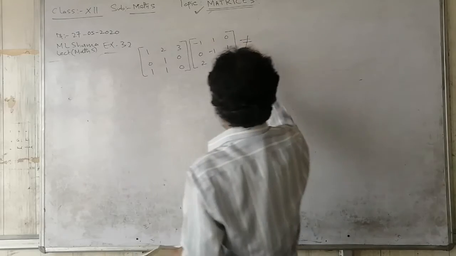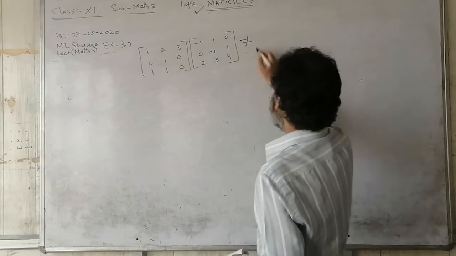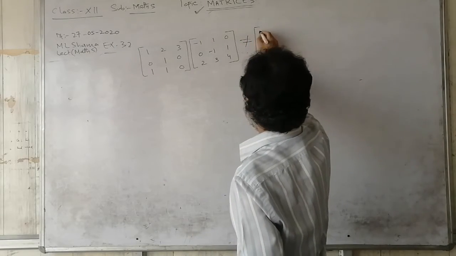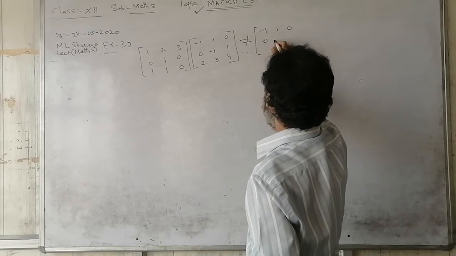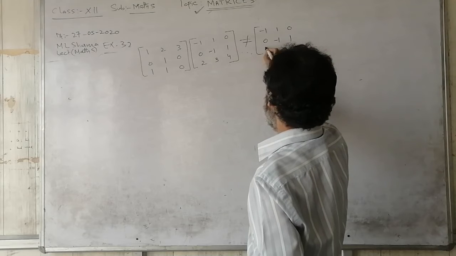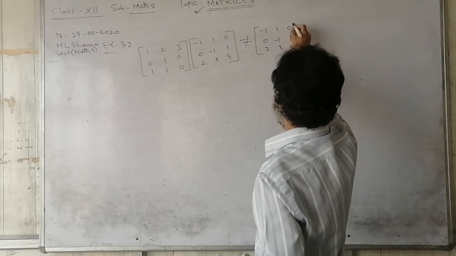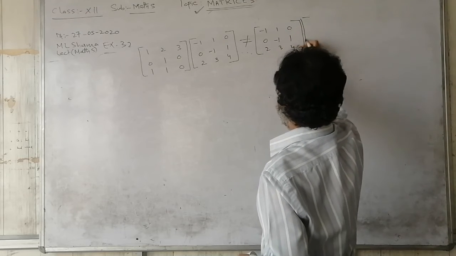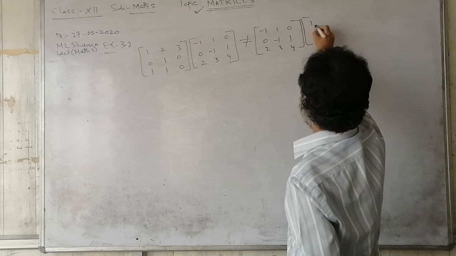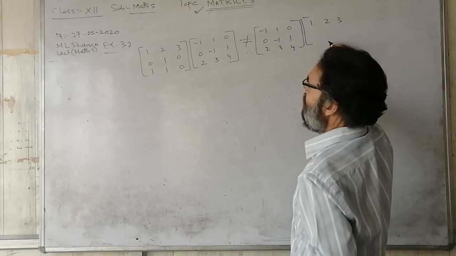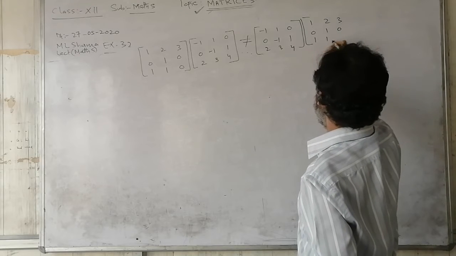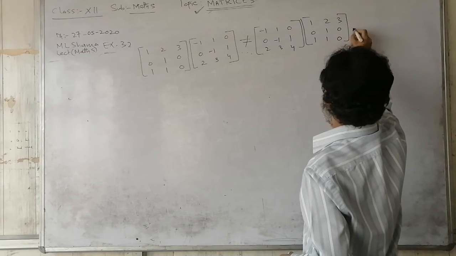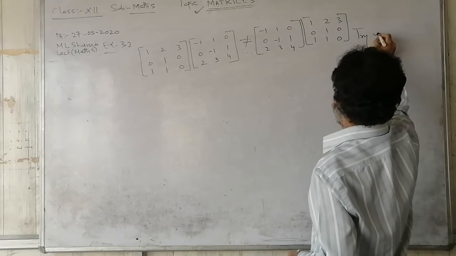This is not equal to minus 1, 1, 0, 0, minus 1, 1, 2, 3, 4, and the other is 1, 2, 3, 0, 1, 0, 1, 1, 0.